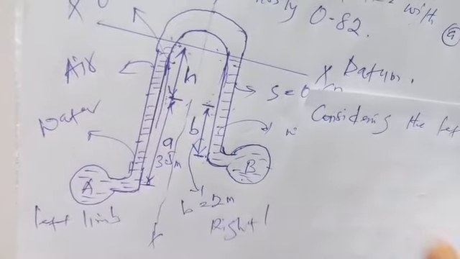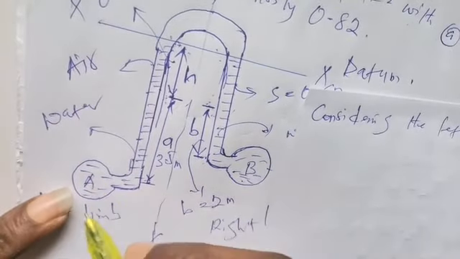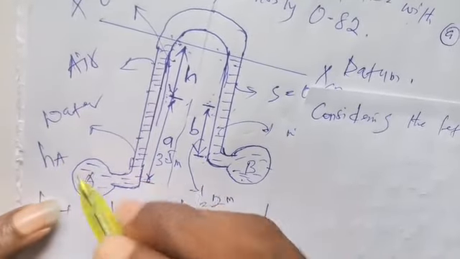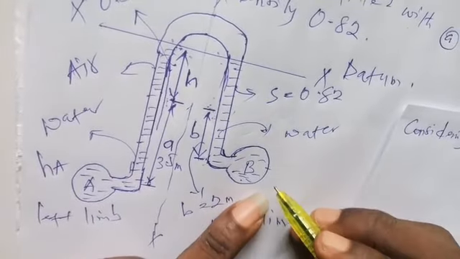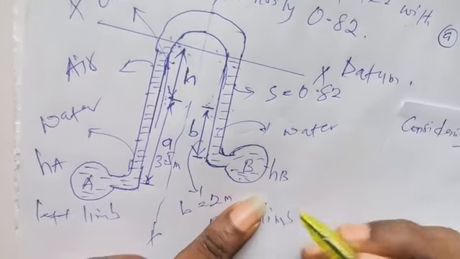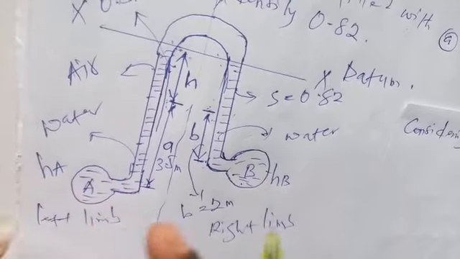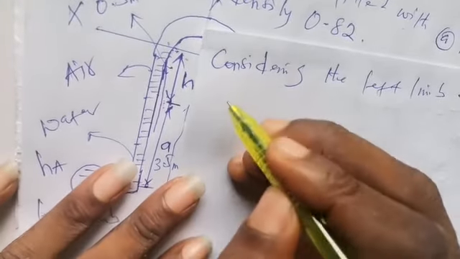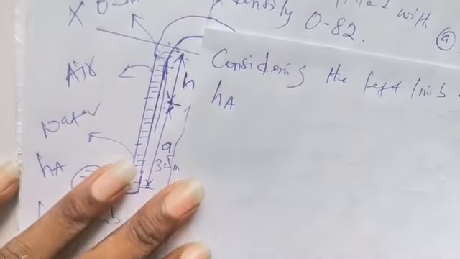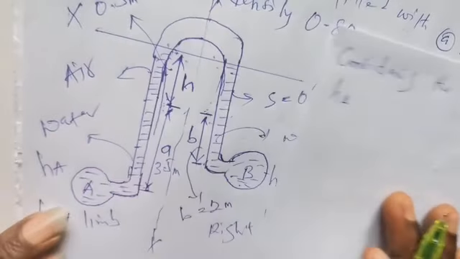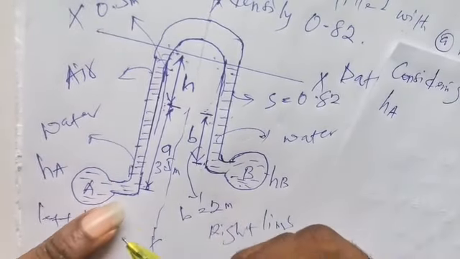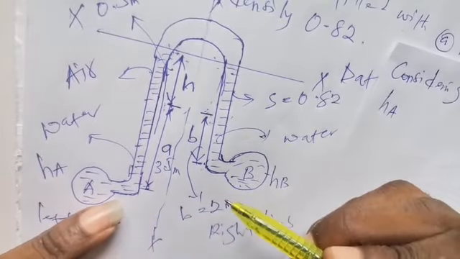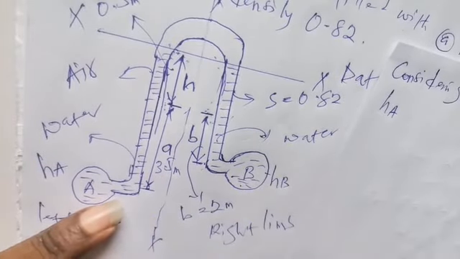To do that, first thing to know is that the pressure head on pipe A is always labeled HA, whereas the pressure head on pipe B is always labeled HB. So you start with the pressure head on pipe A, that is HA. Now this is an inverted U-tube manometer, so instead of adding positively, you add negatively.